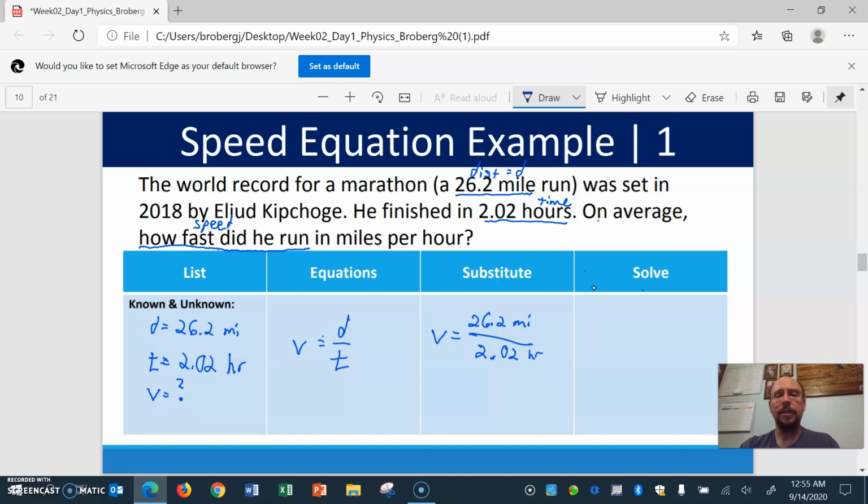Here it's pretty simple. It's 26.2 divided by 2.02. I can use my handy dandy calculator, and that's what you should use. If you need to use it on your phone or on the computer, that's fine for now, but we'll talk about that later. So when I type in 26.2 divided by 2.02, I get 12.97, and there's a whole bunch of other stuff after it.